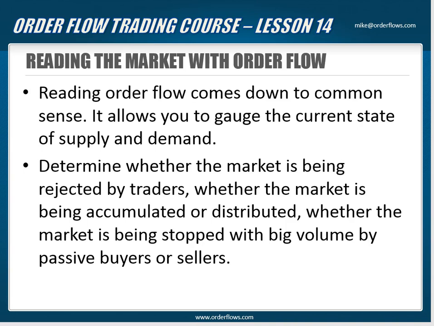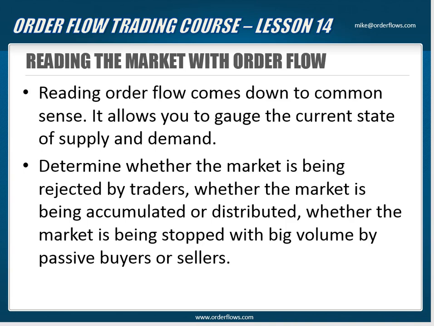Order flow comes down to common sense. It allows you to gauge the current state of supply and demand. Like I said, once things become second nature to you, things are really clear, and in a basic sense, it's common sense. So you're going to determine whether the market is being rejected by traders, whether the market is being accumulated or distributed, whether the market is being stopped with big buy volume by passive buyers, or big sell volume by passive sellers.